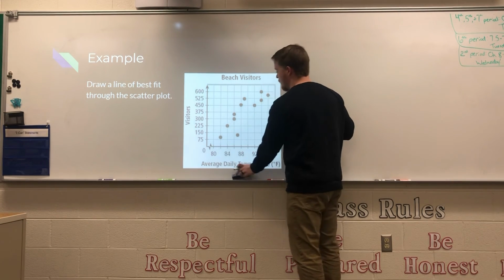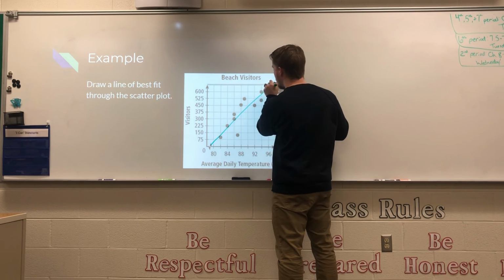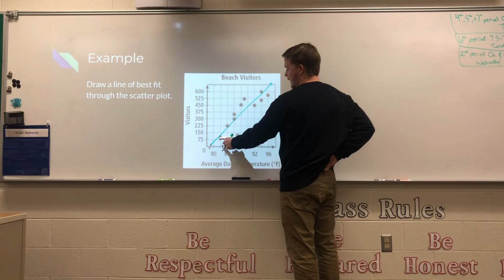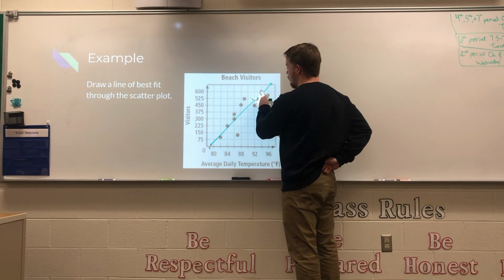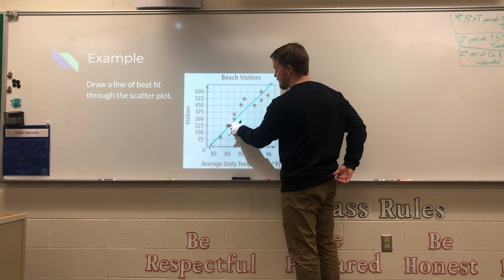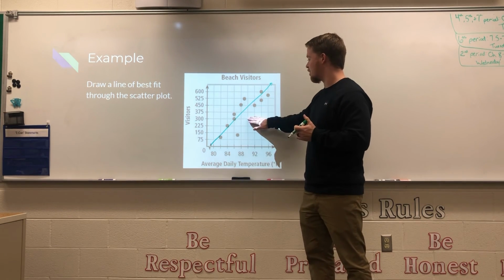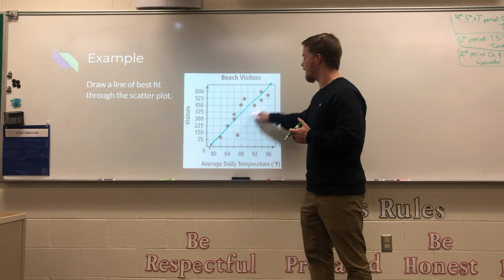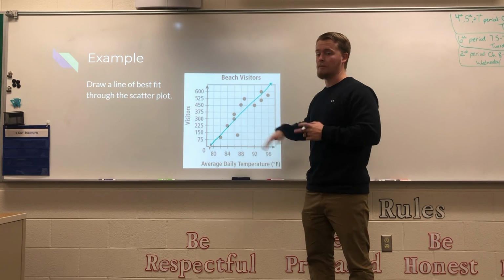You could draw something that looks like that, where now I have 1, 2, 3, 4, 5 below, 1, 2, 3, 4, 5, 6 above. It's just a matter of making sure you're paying attention to where that line is going through. So that would be a good line of best fit as well.